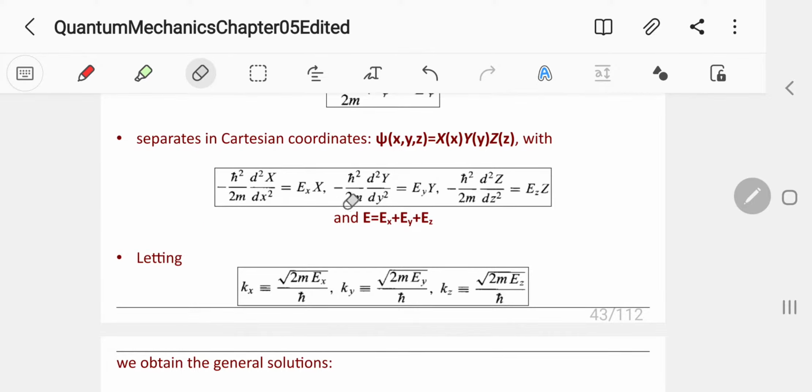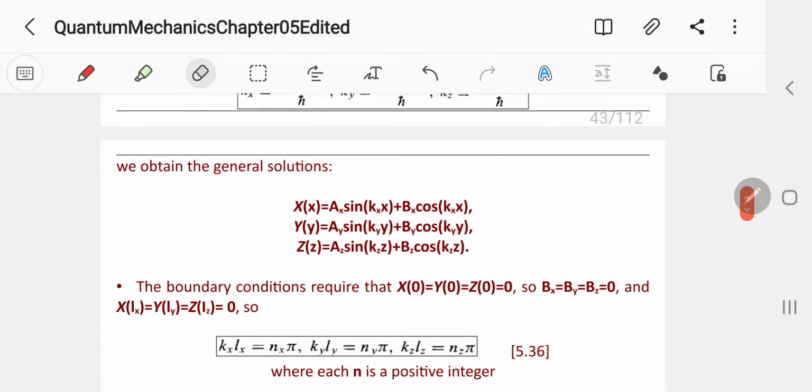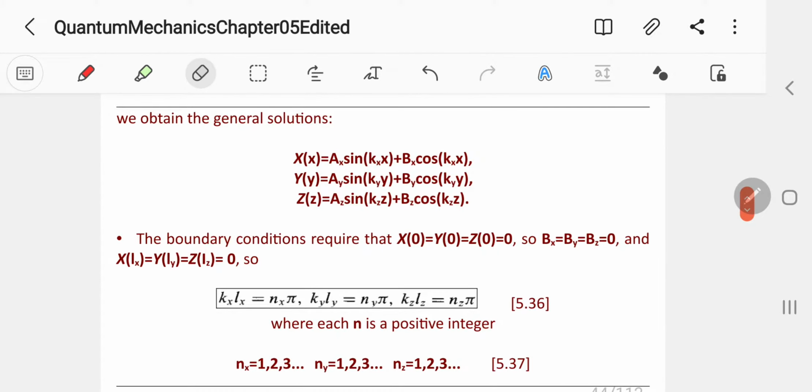So you have three particles in an infinite square well, and you can obtain the solution for each one. X would be an amplitude Ax sine kx times x plus Bx cosine kx times x. So with the y and the z.